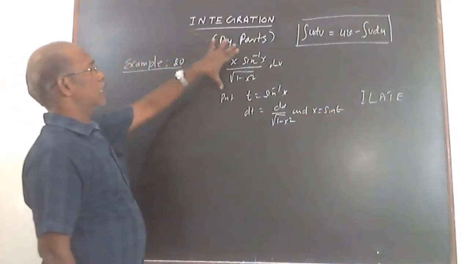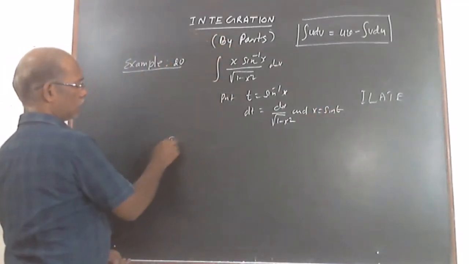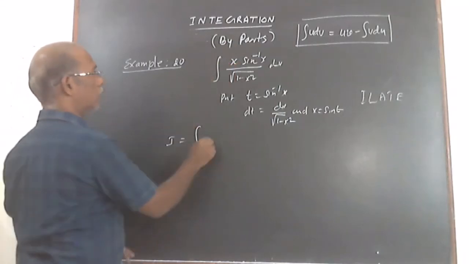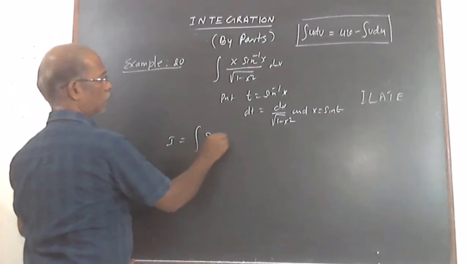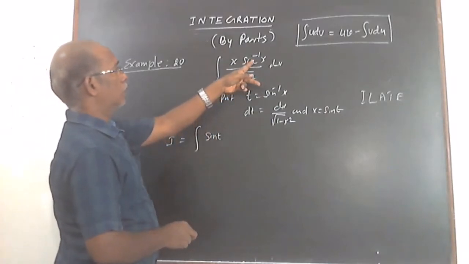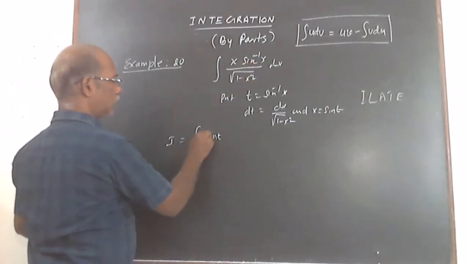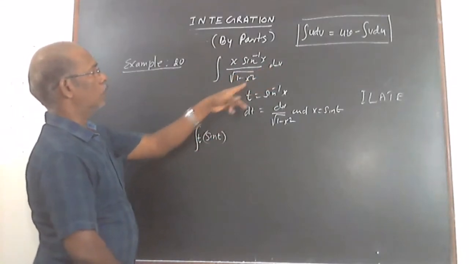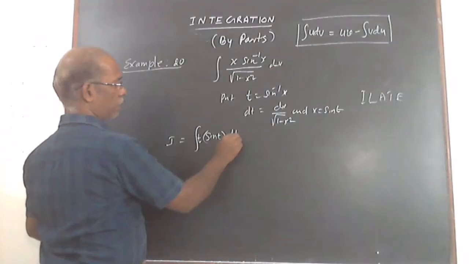Now we can restructure the given integrand. I equals x, that is sin t, times sine inverse of x, that is t, times dx by root of 1 minus x square, that is dt.